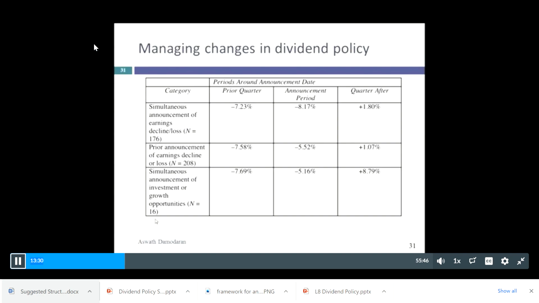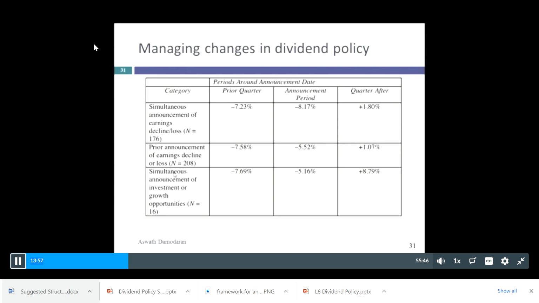And then another 16 firms, that's not a very large sample size there, but another 16 firms where they announced that they were cutting the dividend, but they also had some announcement of good news trying to explain probably why they're cutting the dividend in order to put their money into investment or growth, right?